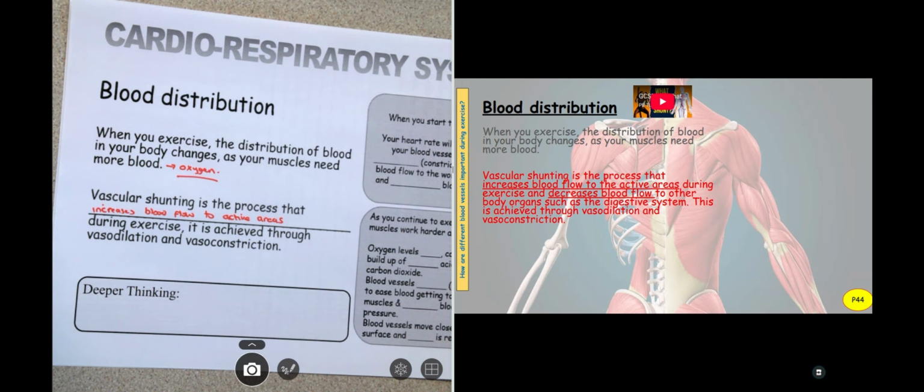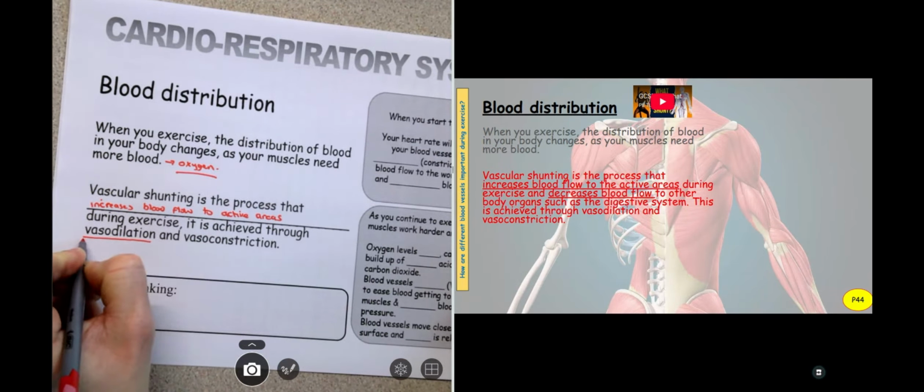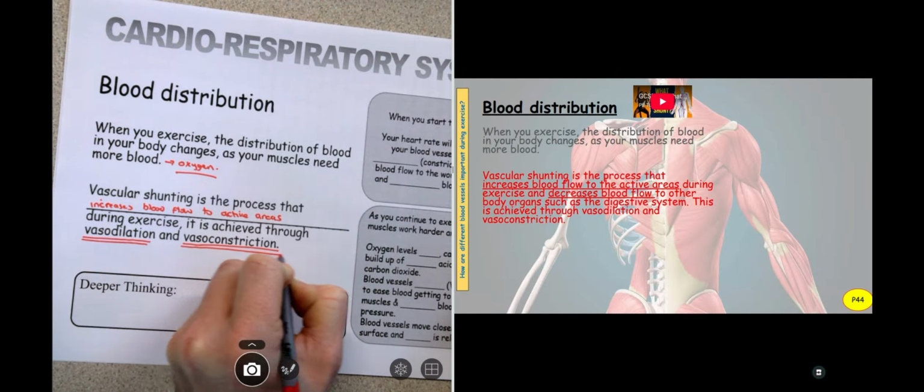This is achieved through vasodilation and vasoconstriction. These are two words we use in the do now that we talked about for the functions of the cardiovascular system.